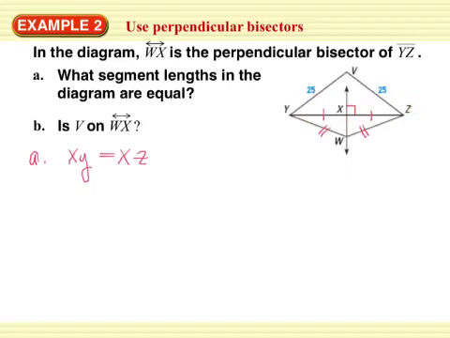Also, because W is on the perpendicular bisector of YZ, we can also say that WY is congruent to WZ because of Theorem 5.2.